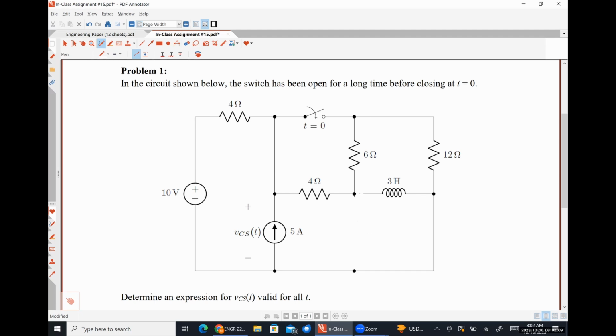I'm going to erase the two inductors that I have and replace them with a single equivalent inductance. So really, I just need something connected between this node and this node.